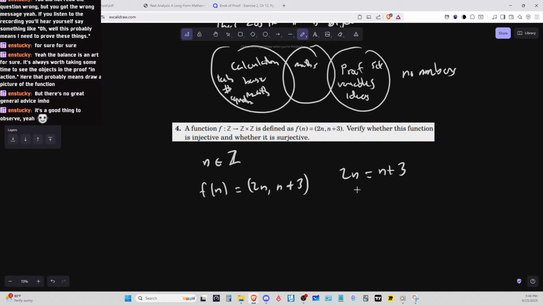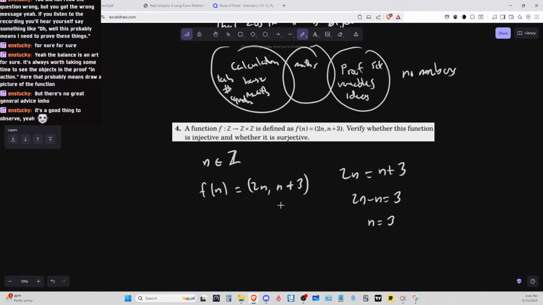And then if it doesn't turn out to be, n equals 3, that means it will turn out to be 6 for n equals 3.